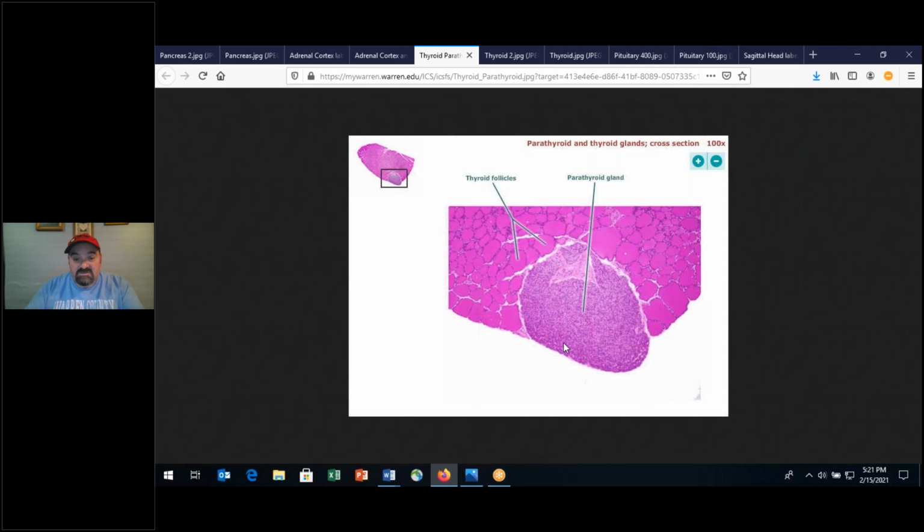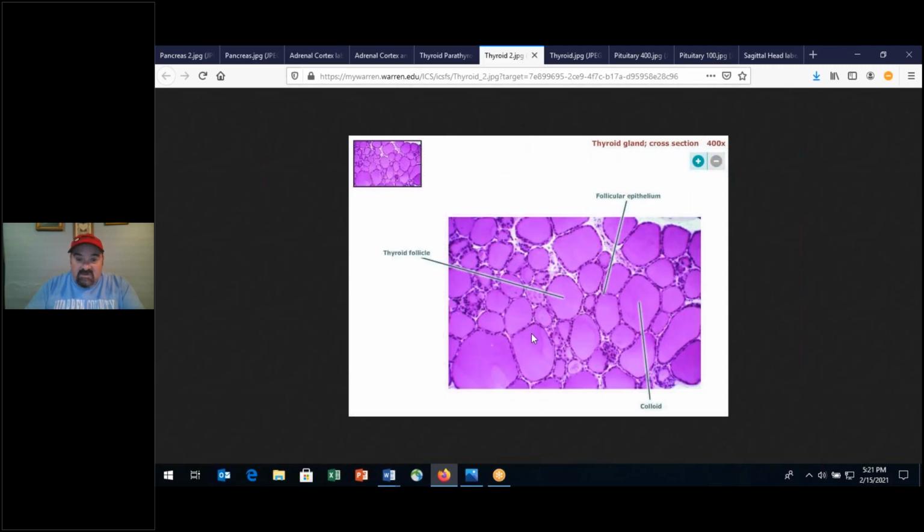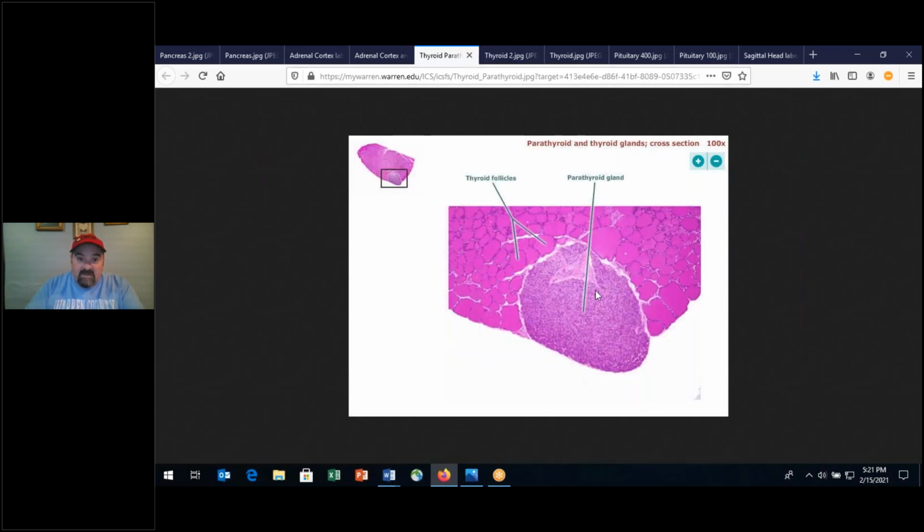So even if you were just seeing a little cross section of this, yeah, so you can see here thyroid tissue. Again, even if you see just a little cross section of this image here at a higher magnification, as long as you see thyroid follicles and such for thyroid tissue, and you see another adjacent tissue, and I ask you, what is this tissue? It's easy, because that parathyroid gland, parathyroid tissue is adjacent.